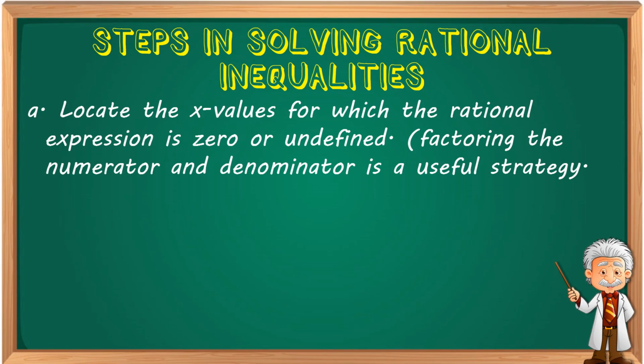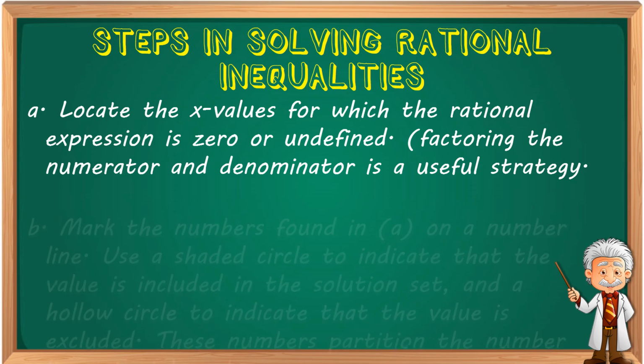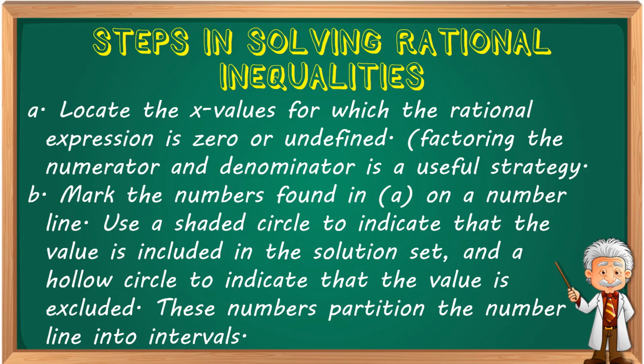So, under our second step, we have locate the values of x or the x values for which the rational expression is 0 or undefined. So, we have to set the numerator equal to 0 and the denominator equal to 0 to find those intervals. Letter B, mark the numbers found in A on the number line.